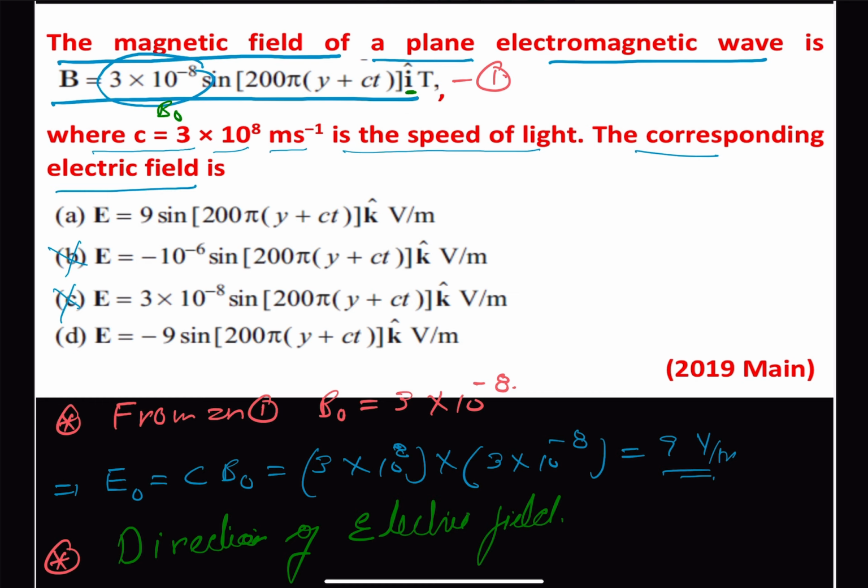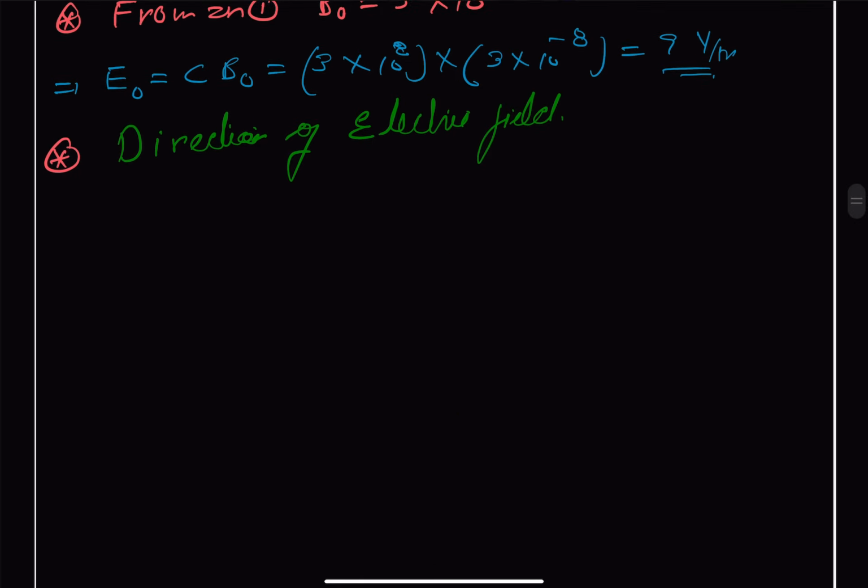First of all, from equation number 1, we can say that the wave is propagating along the negative y direction because the argument is y plus ct.